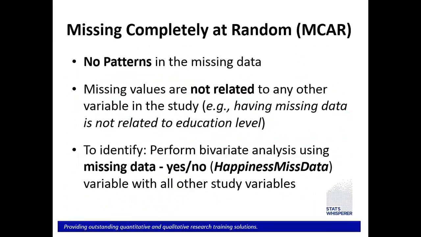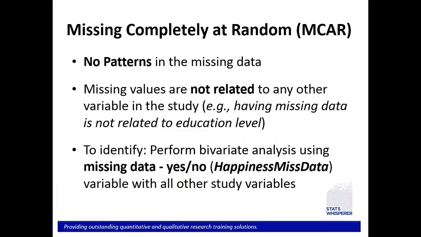So missing completely at random means there's no patterns in the missing data. And that's what you want, because if there's patterns to the missing data, that suggests there's some sort of bias to the missing data, as in some people are more likely than other people to provide valid responses or provide missing data.